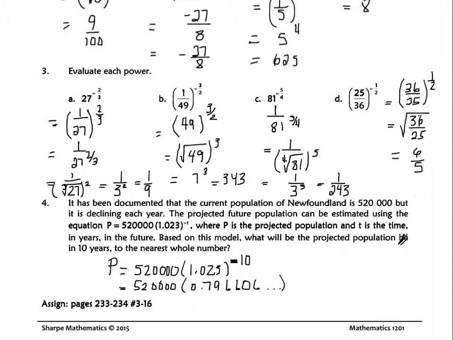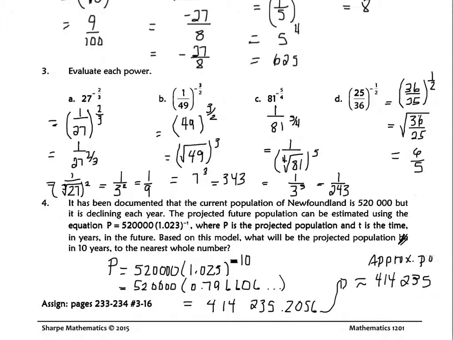And if you multiply that by 520,000, that gives you 414,235.2056. It says to the nearest whole number, so that would be about 414,235. That would be the approximate population.